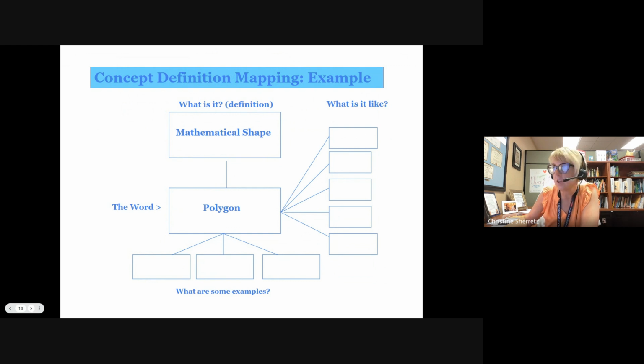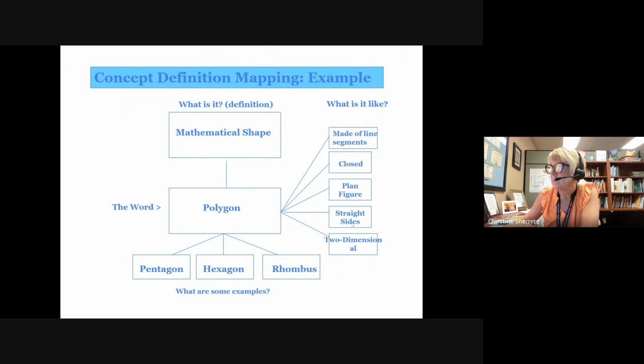It's a mathematical shape. What is a polygon? Examples? Well, a pentagon is a polygon. A hexagon is. A rhombus. These are all polygons. What is it like? Well, it's made of line segments. It's a closed figure. It's a plane figure. I need to add an E there. Should be plane figure. It's straight lines and it's 2-dimensional.